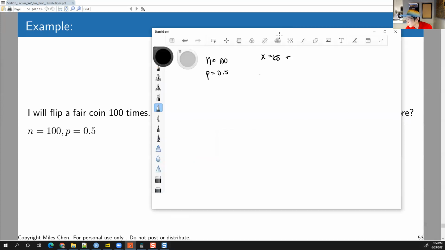Technically, the exact answer would require a whole bunch of tedious calculations, which is the reason we want to do something like this. Remember, binomial is n choose x, p to the x times 1 minus p to the n minus x.